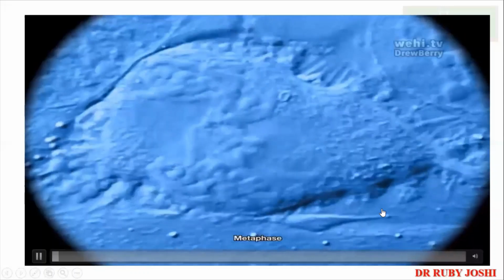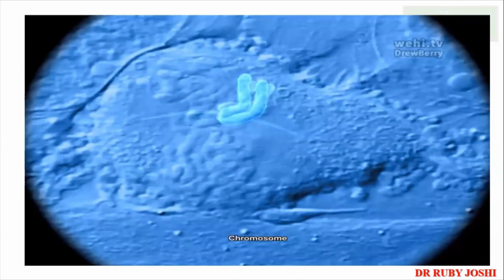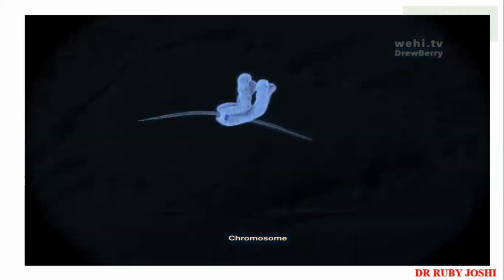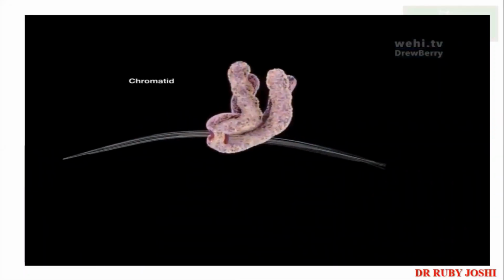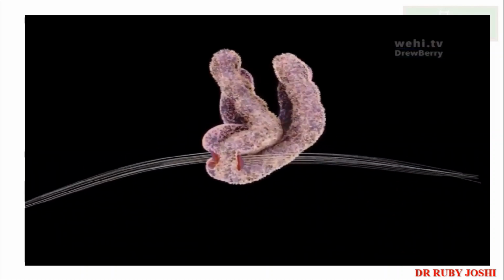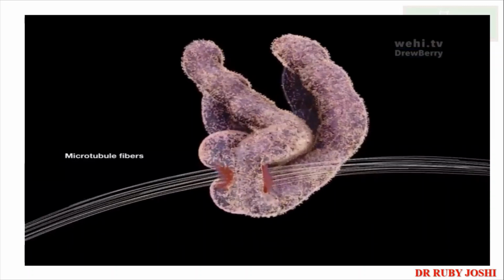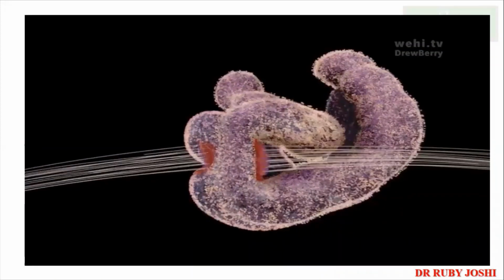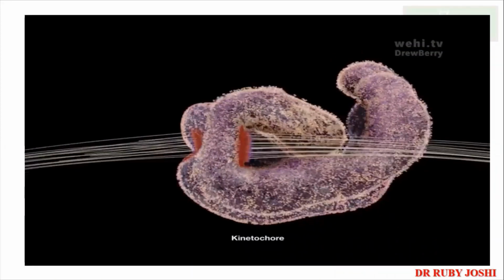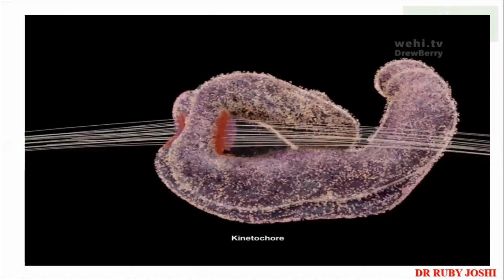This visualization isolates a single chromosome at mitosis. The chromosome contains two identical copies of DNA. Each DNA molecule is packaged up into one of the sausage-shaped chromatids. Sticking out from either side are microtubule fibers from the mitotic spindle, used for orienting and guiding the chromosomes to their correct positions. The red region is the kinetochore, which works as the interface between the microtubules and the chromosome.